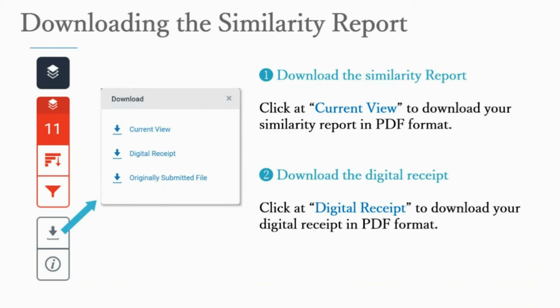The first one is to download the similarity report, clicking on the current view. You can download it in PDF format and hand it in to your department, instructor or school. The second one, the digital receipt, is a one-page PDF containing the information of the paper, like author or word count. The third one is your original submission file.